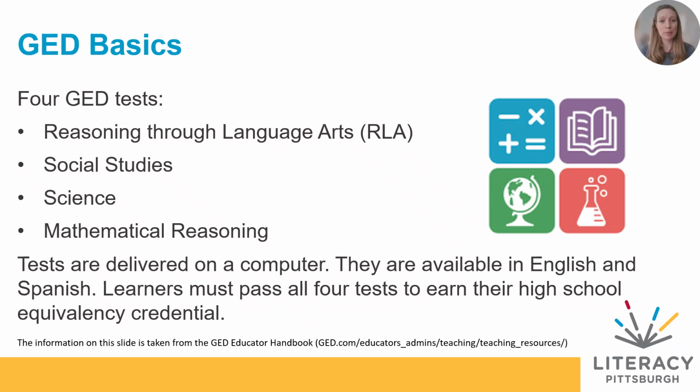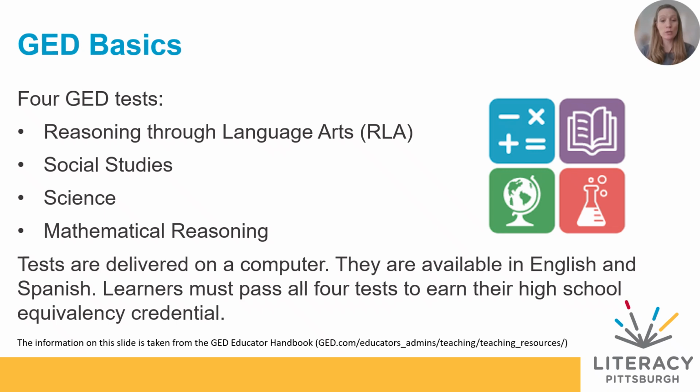At Literacy Pittsburgh, however, most of our students who are seeking a high school equivalency diploma do so by trying to pass all 4 subtests of the GED. So the GED tests are Reasoning Through Language Arts, or RLA, Social Studies, Science, and Mathematical Reasoning.